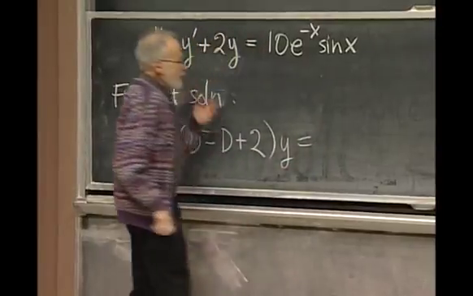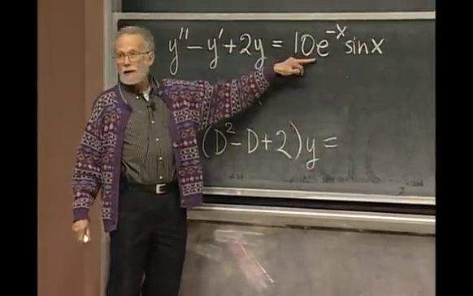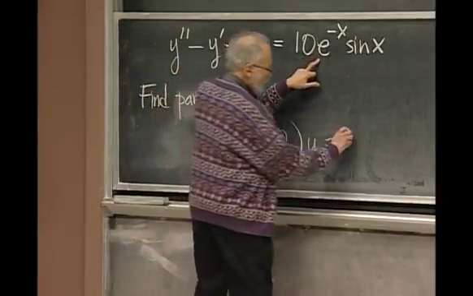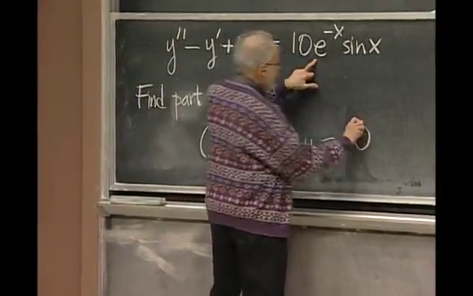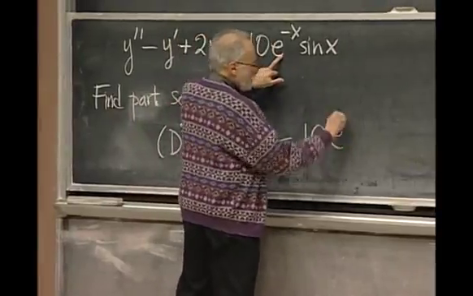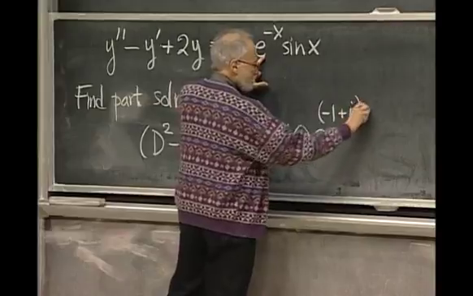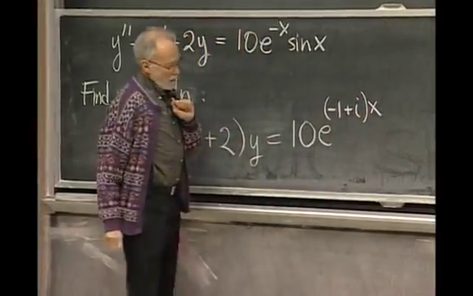Now, let's complexify it to make this part of a complex exponential. So the complex exponential that's relevant is 10 times e to the minus 1 plus i, x. You see that? What is this?